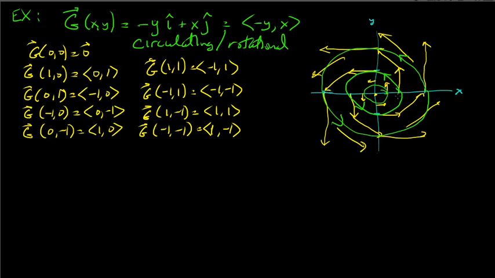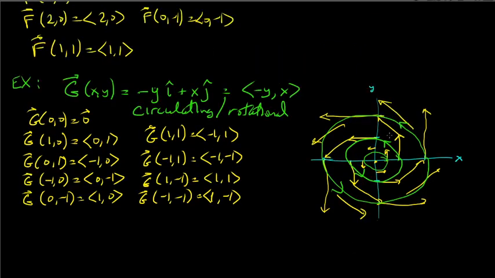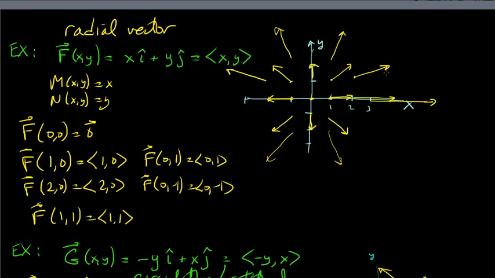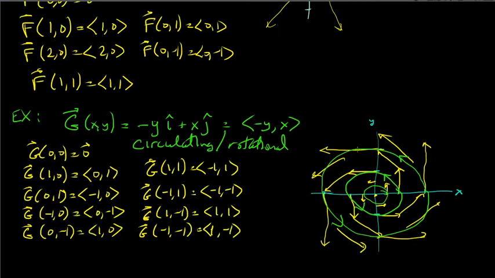So yeah, I hope that helps. Again, a better picture in the book than the one I drew here, but it's the idea of a circulating magnetic field, right? So the radial field is typically what you get for an electric charge, right? So this is an electric field of a point charge at the origin, let's say. So this would be like a proton, a positive charge at the origin.